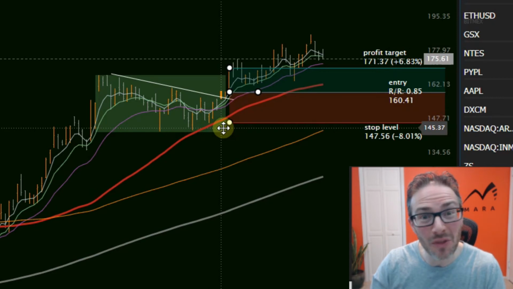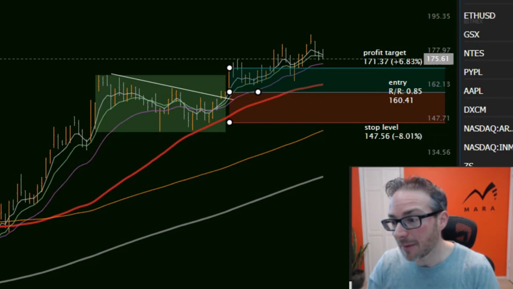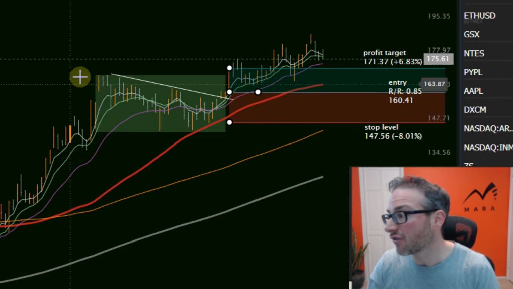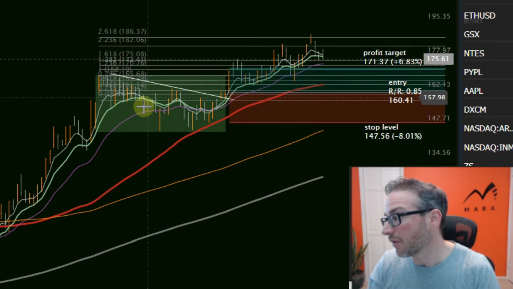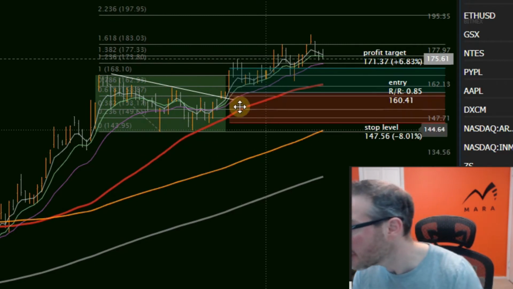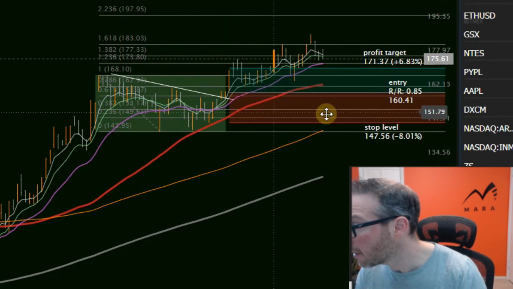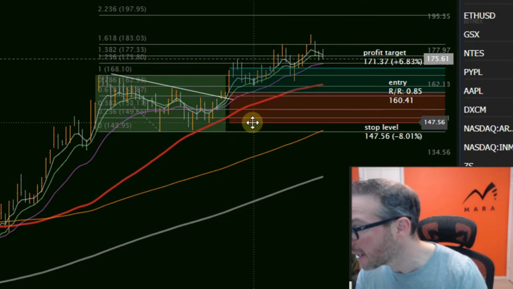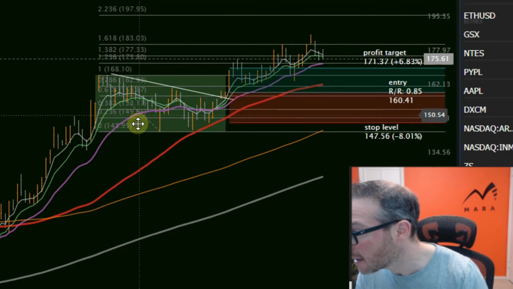But that's not the only thing. Another thing that I'm looking at is the Fibonacci retracement levels. So I take that and I'm looking at the swing high to the swing low of the pattern. And right over here, where I'm looking to place my stop loss, it even has protection from that Fibonacci level.